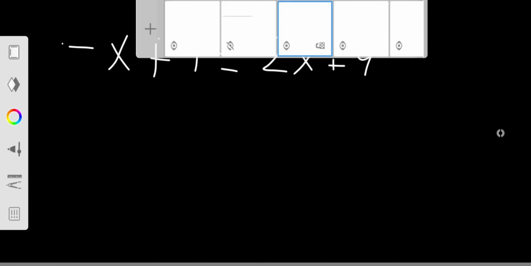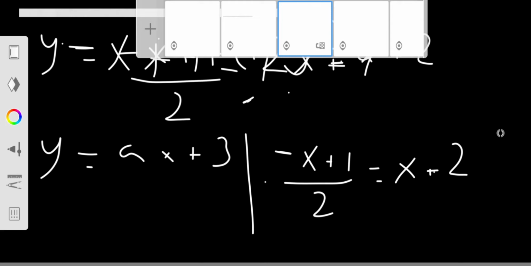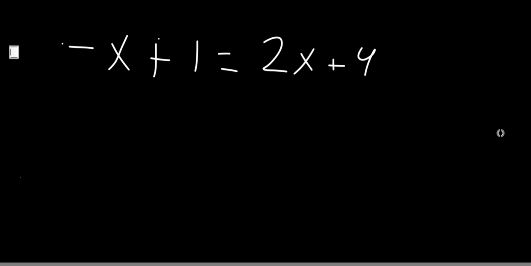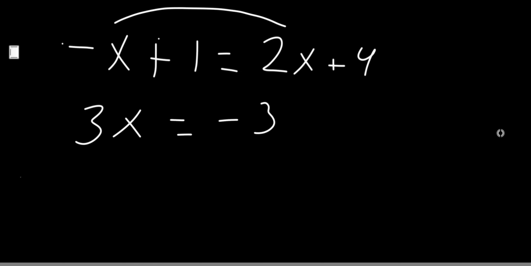Look, I took the minus x plus 1 and the 2 went to the other side: 2x plus 4. So let's go back. By isolating x, 3x is equal to, not 3, is equal to minus 3, okay? This x went to the other side, and the 4 went over there as a negative 4. So x is equal to minus 1.